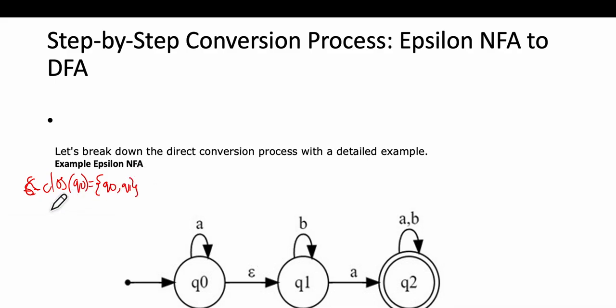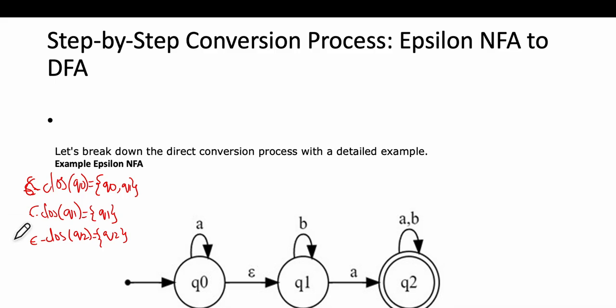Which means the epsilon closure of Q naught is Q naught, Q1. Like this we find the epsilon closure of Q1 as well. E closure of Q1 is Q1, and E closure of Q2 is also Q2, because there is no path labeled epsilon from it, so it is reachable only to itself.